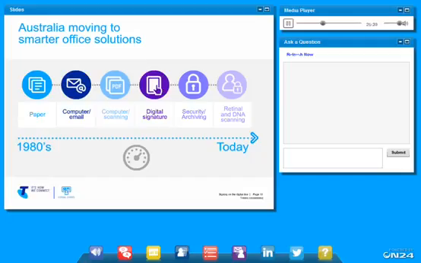So we're talking about collaboration before, the ability to share a DocuSign document collaboratively, remotely with a client and have the client execute that document remotely is a fantastic experience for both participants.